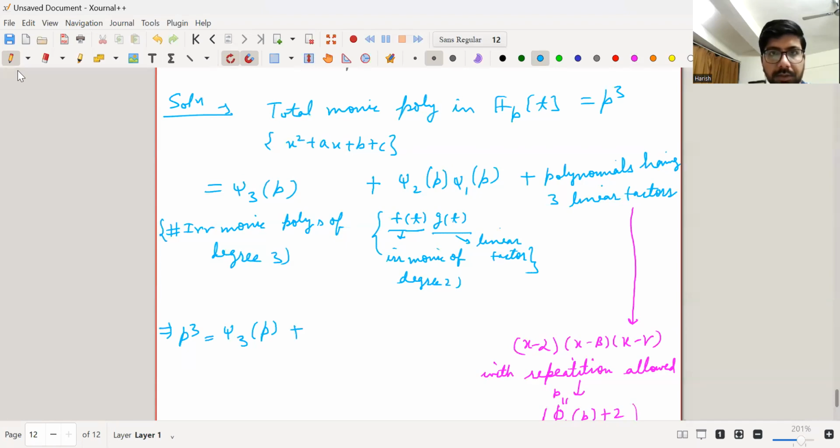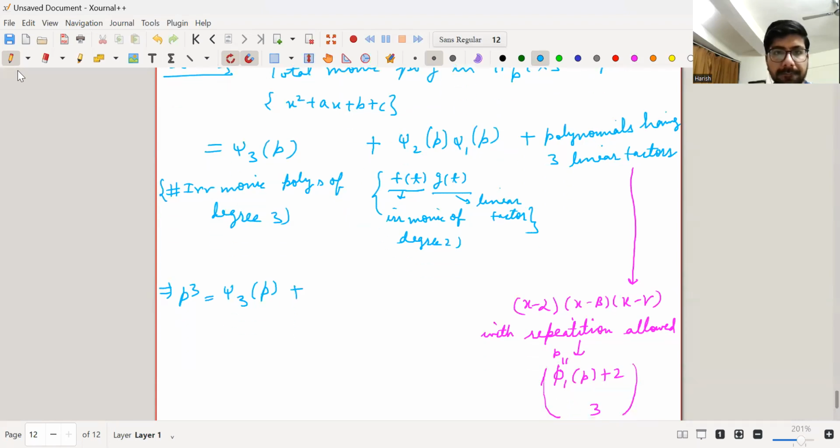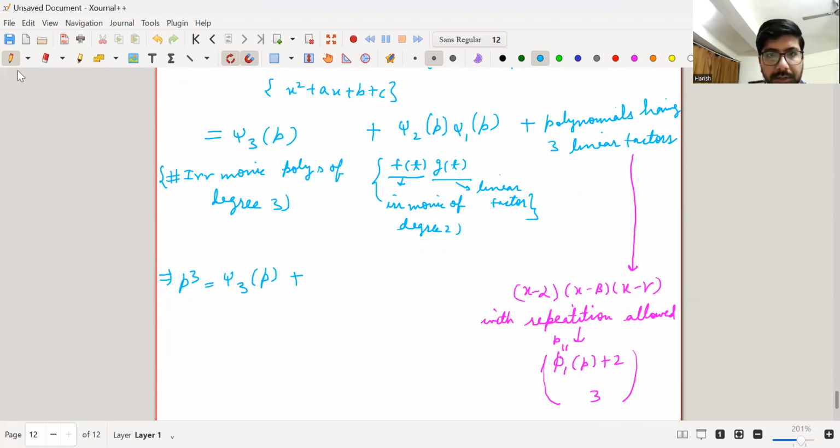Plus xi2 of p, xi1 of p, so also it should be xi1. One has to be careful about the notations. This is xi1 of p.